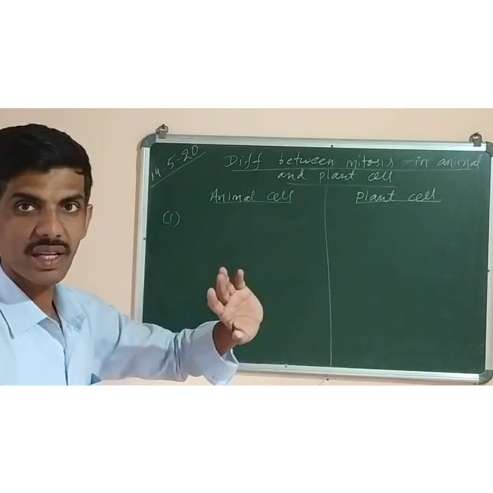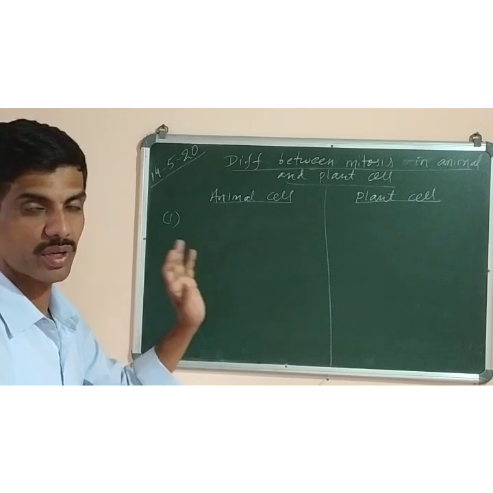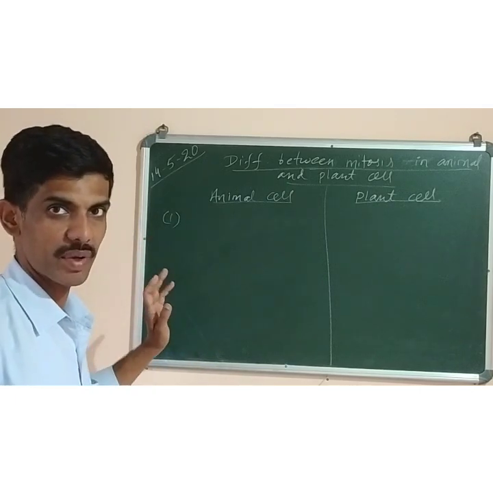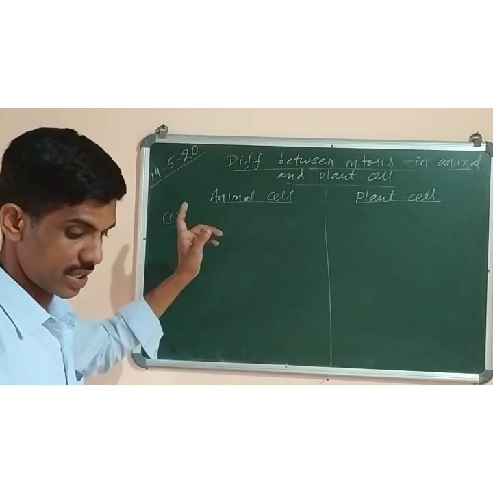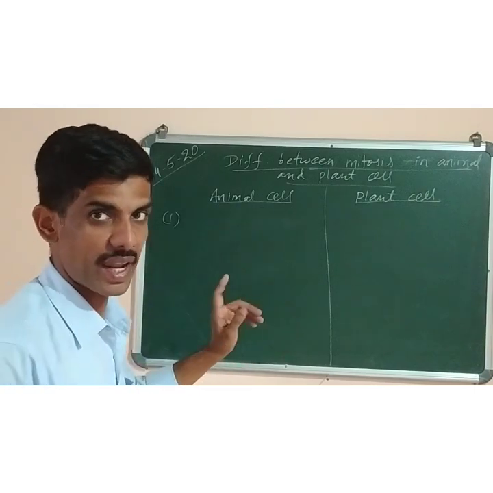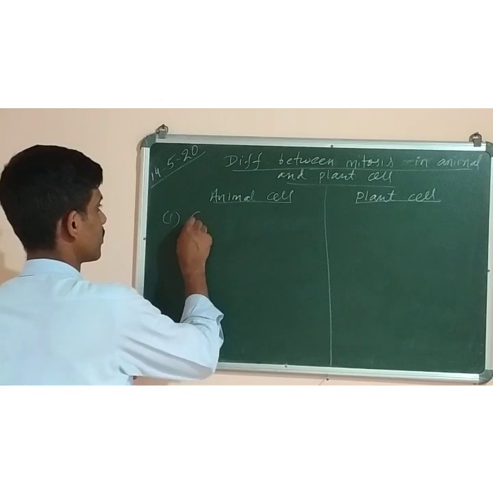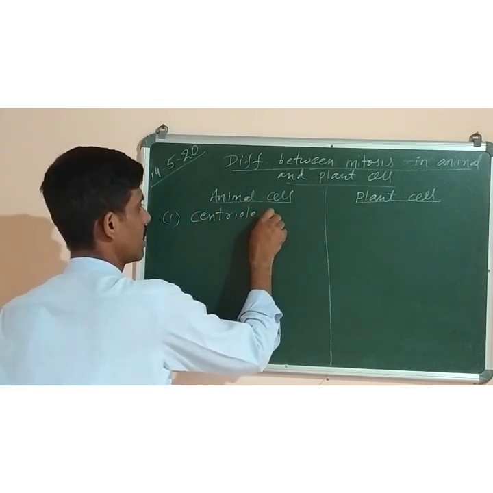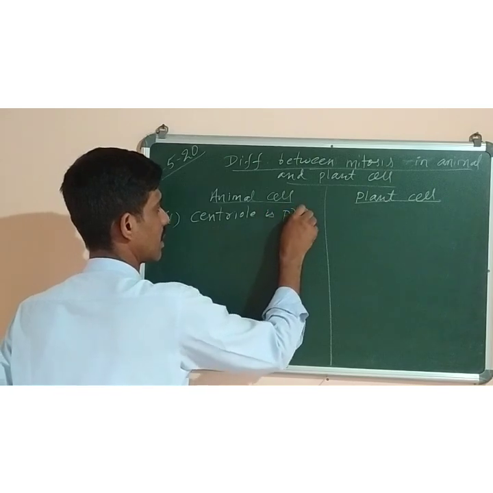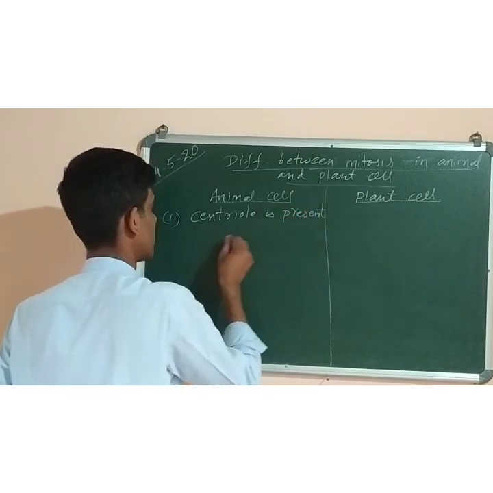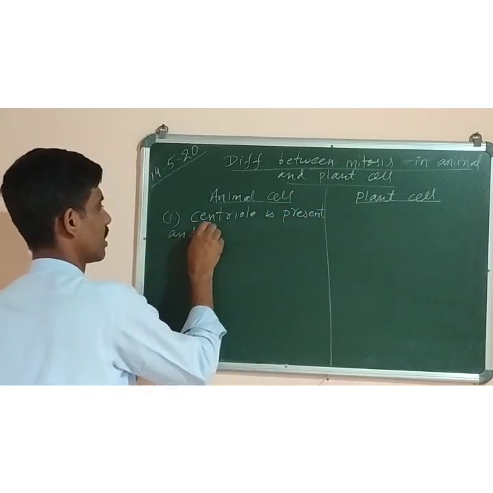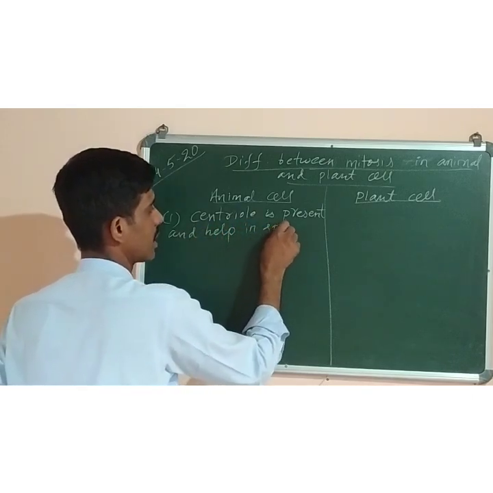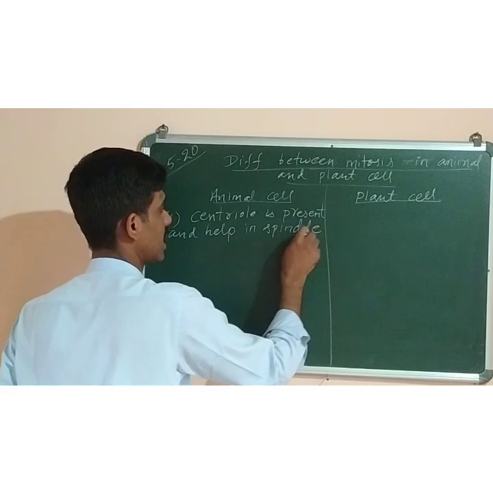In plant cells, there is no centriole, no centrosome, because centrosome is the cell organelle which is found only in animal cell, not in plant cell. So centriole is present and helps in spindle formation. The spindle formation is required during cell division.